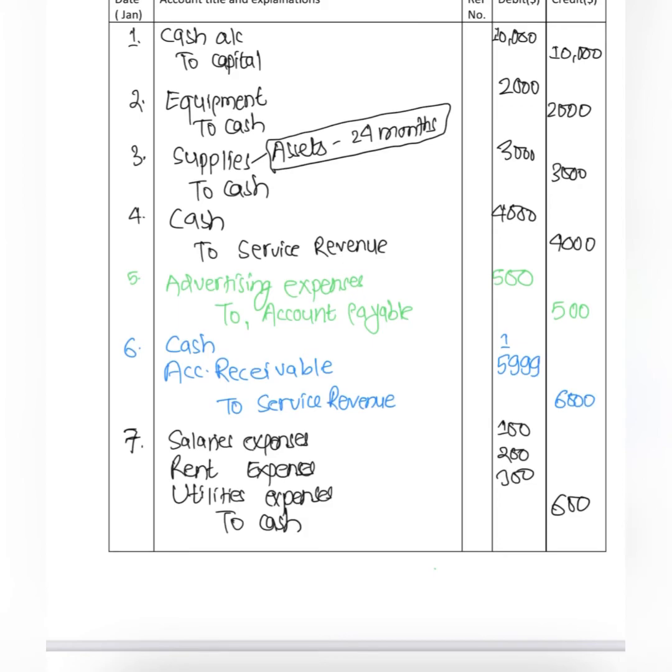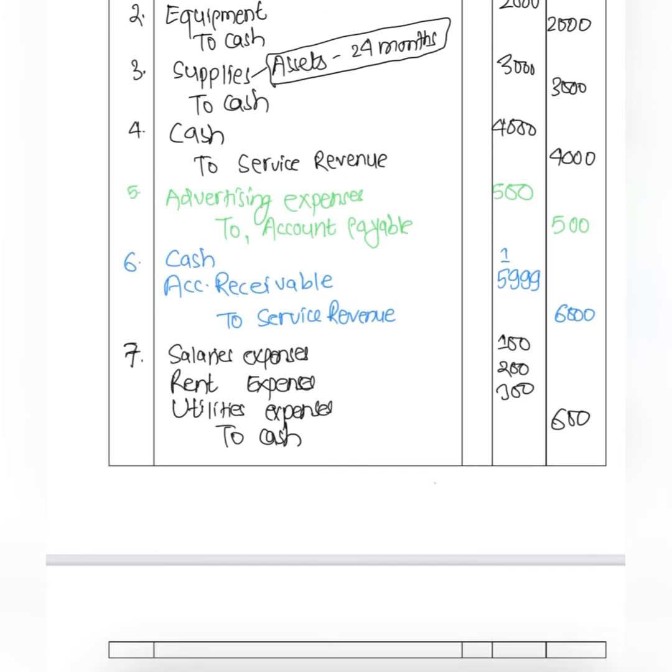Okay, and on the 8th day, Bill Gates thinks, okay, we have done the advertising and we haven't paid Google, let's pay now. And Microsoft paid it. So cash goes out, we know this, right?